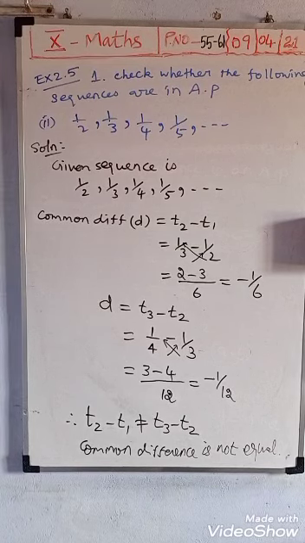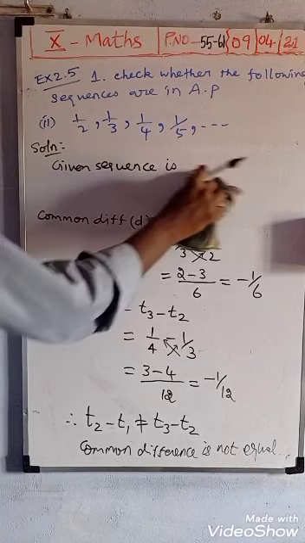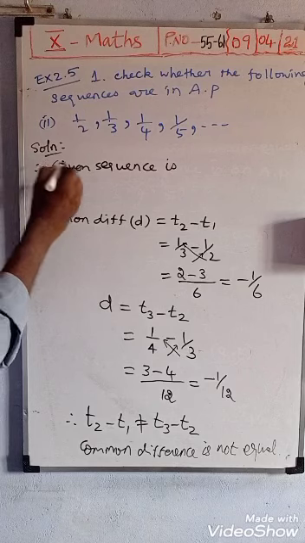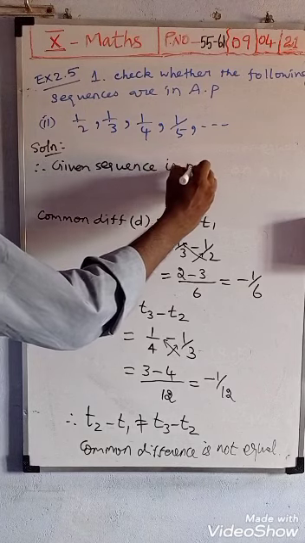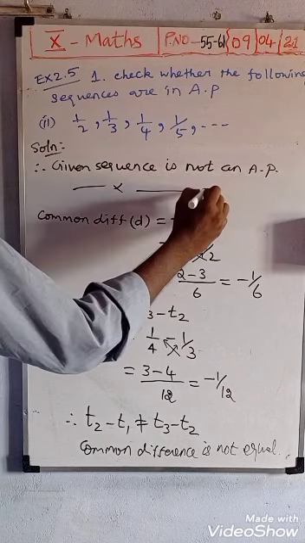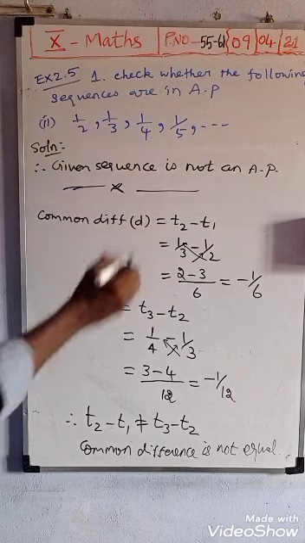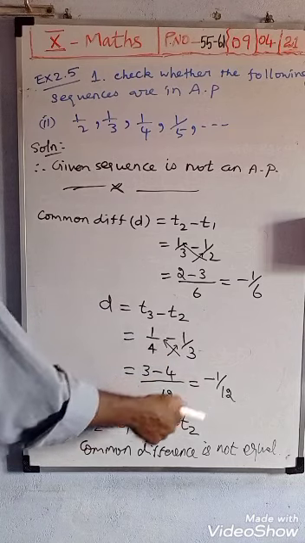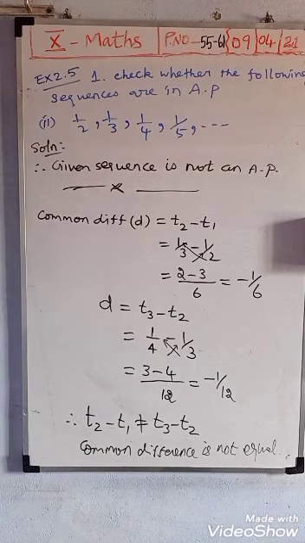Therefore, the given sequence is not an AP. You want to write it like that, because here the difference comes different. So it is not an AP.